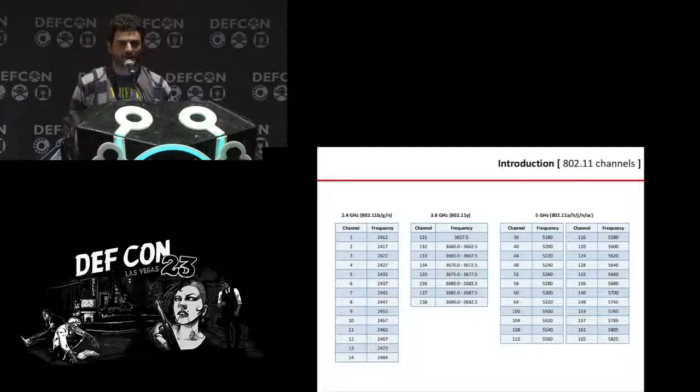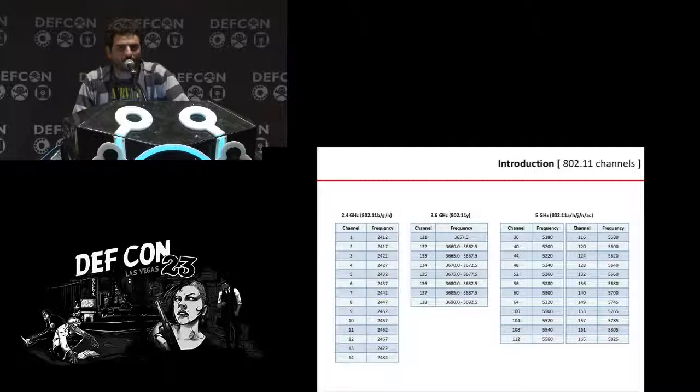Here we can see a couple of tables with a list of Wi-Fi channels. Wi-Fi has several standards. They are named using letters: A, B, G, N, etc. Standards can be grouped by the base frequency at which they work.